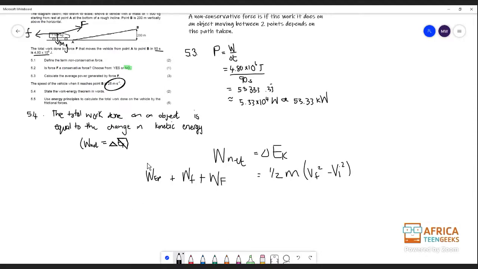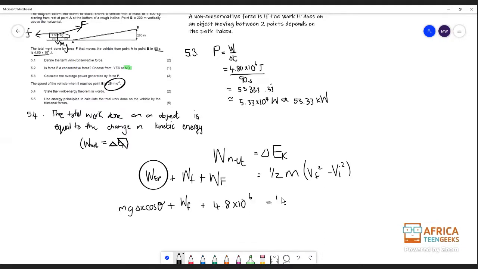So then to get this over here, we are going to say it is M times G times change in distance times the cosine of theta plus WF, which is what we're trying to work out, the work done by the frictional forces. And then this value over here is given to us as 4.8 times 10 to the 6.